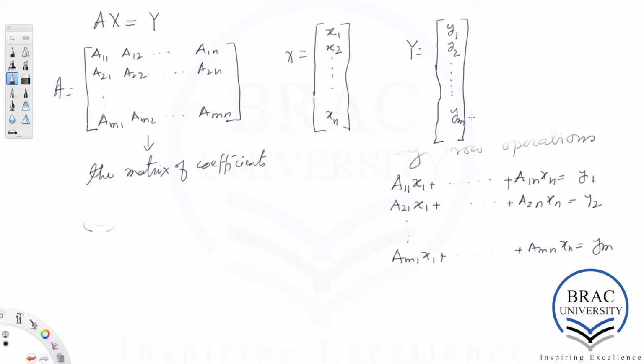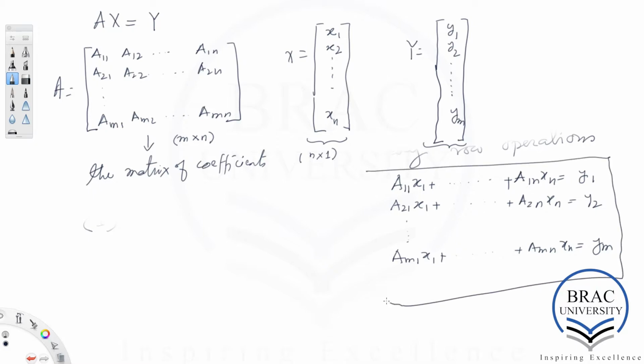And one can immediately check that if this m times n matrix gets multiplied with this n times 1 matrix, and we set the resulting m times 1 matrix equal to this m times 1 matrix, one precisely gets this system of linear equations. Okay, check that.